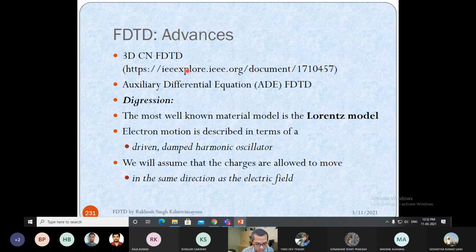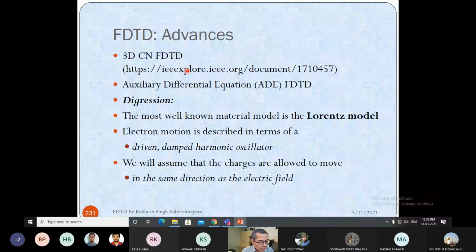We have another FDTD, which is very much important, especially for modeling different kinds of metamaterials or any kind of medium. Nowadays, you have a lot of artificial mediums which have very good properties, which cannot be realized with naturally occurring materials. Those kinds of medium are very easy to model using another type of FDTD, which is called auxiliary differential equation FDTD, ADE FDTD.